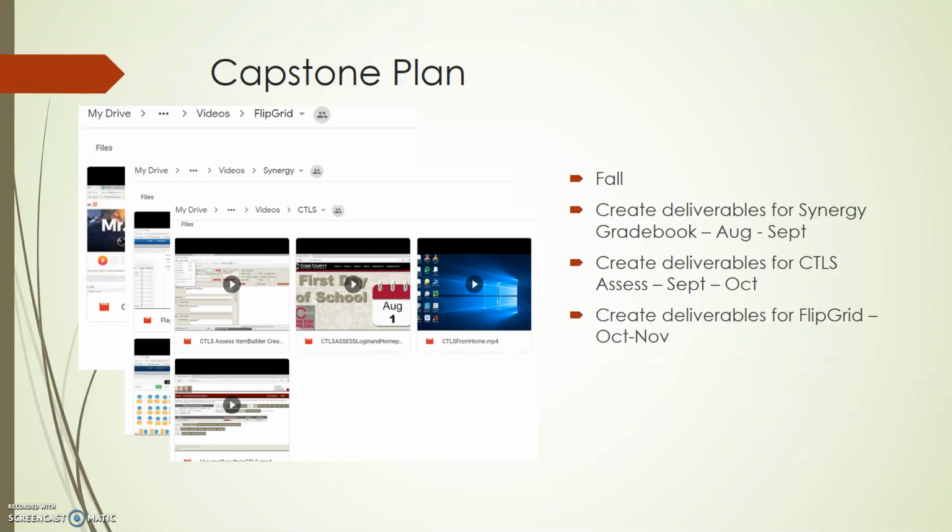And then again, like I said, the final resource was Flipgrid, and that was in October to November of the fall. That was, again, after deciding that SLDS and not being able to cover over student data was going to be a limiting factor in my ability to provide that as a resource.